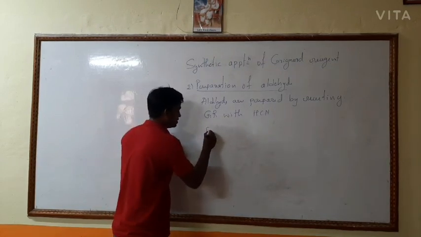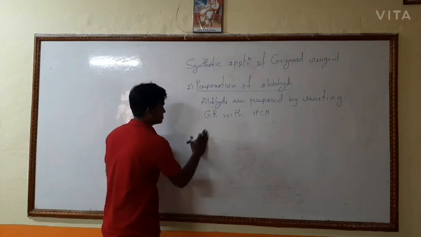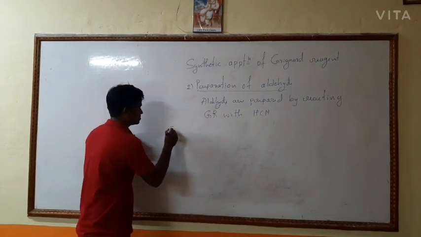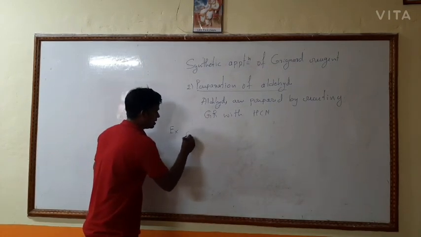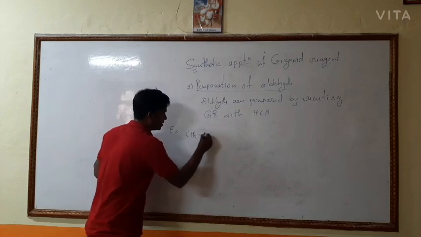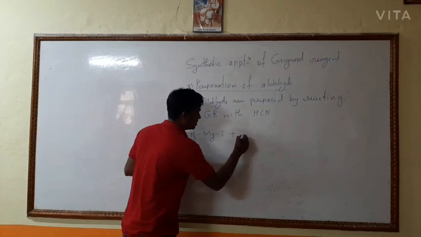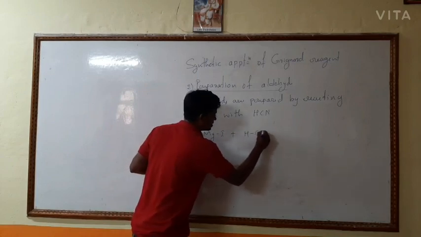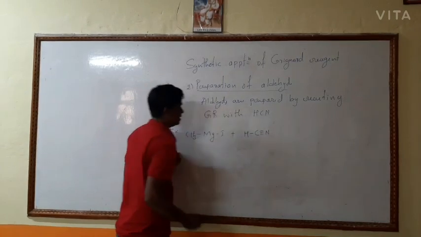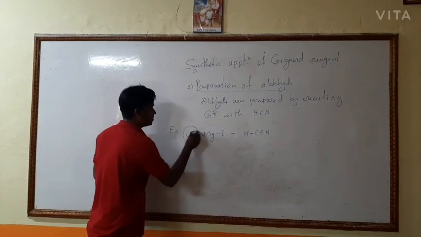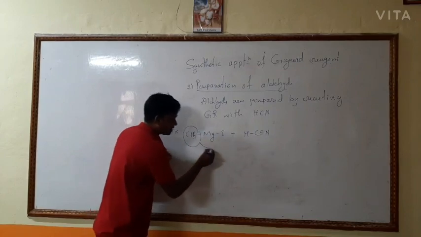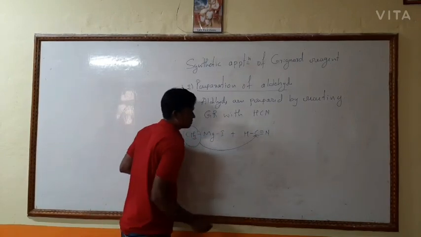For example, when methyl magnesium iodide, a Grignard reagent, is reacted with hydrogen cyanide, the methyl group of the Grignard reagent attacks the carbon atom.